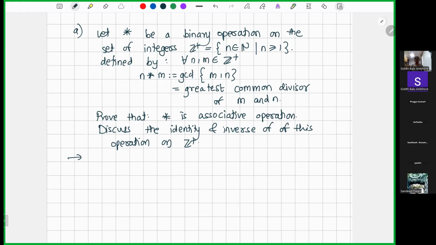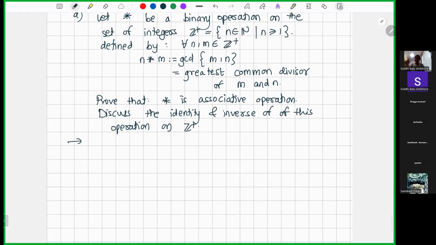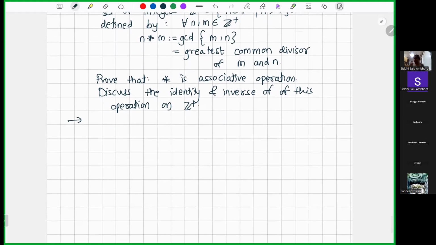We will just discuss how this operation works on the set of integers in general. That's the aim of this question: to understand the set of positive integers under the operation GCD. So first we have to prove the associativity property.